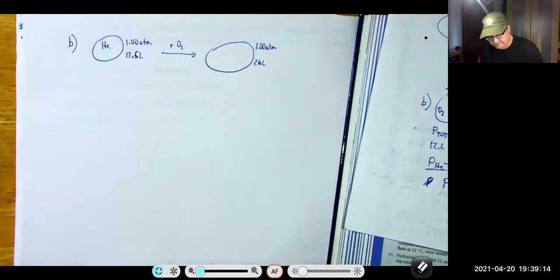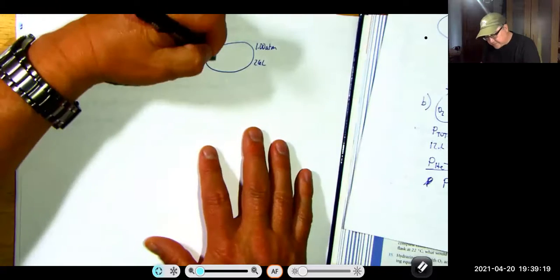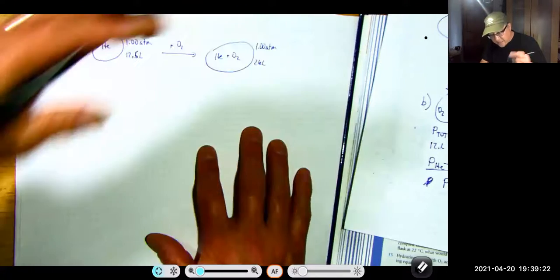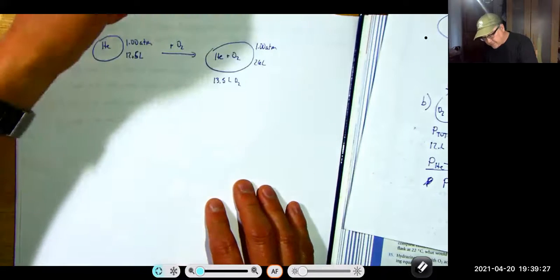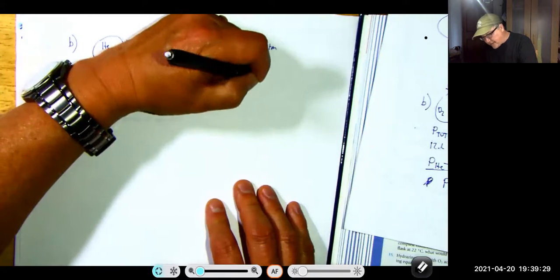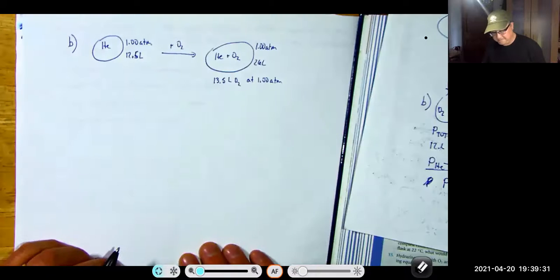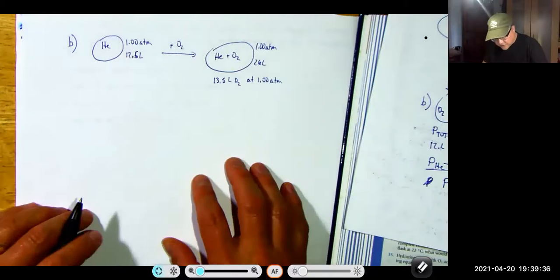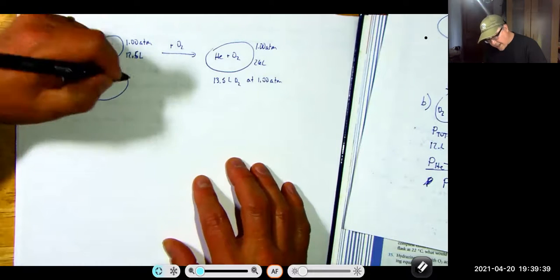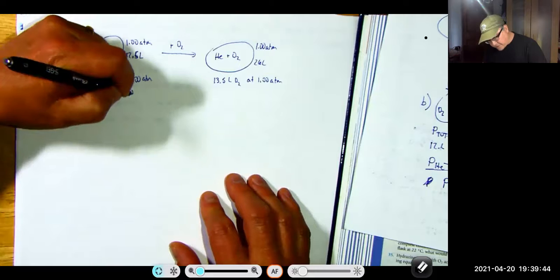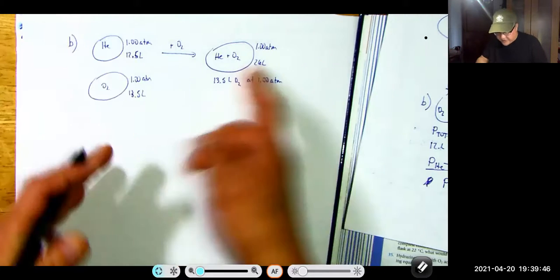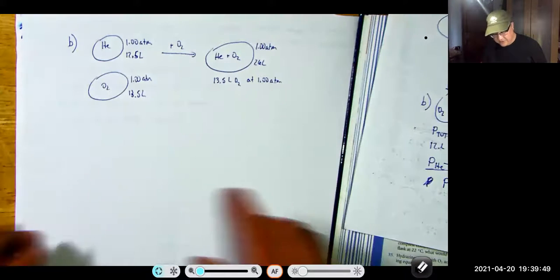Fair enough? Right. Okay, so from this, we can see that we have 13.5 liters of O2 at 1.00 atmospheres. That makes sense because if we took a balloon with 1 atmosphere of O2 and 13.5 liters and put them together, we should get 26 liters and so forth.